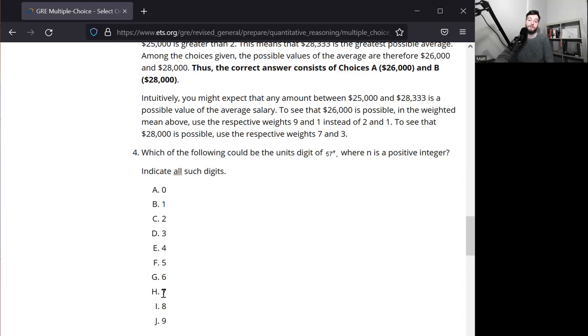So if n were 2, then we'd have 9. We can keep going. If n were 3, it would be 57 times 57 times 57, right? 7 times 7 is 49, which would give us a 9 unit digit. Multiplying another 7 by that would give us 3 as our unit digit. 9 times 7 is 63.